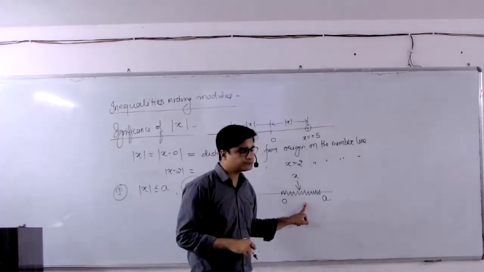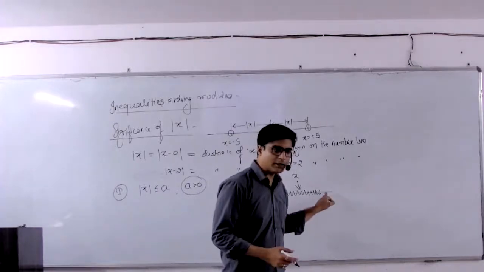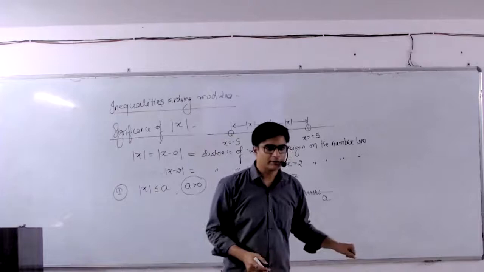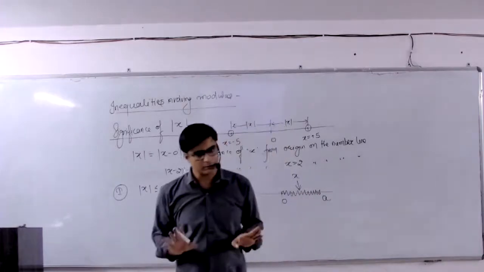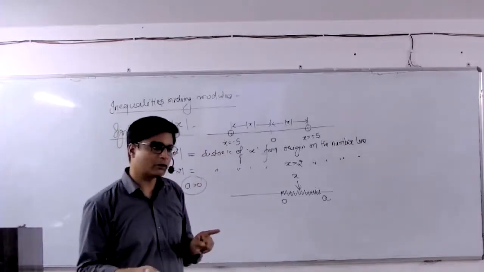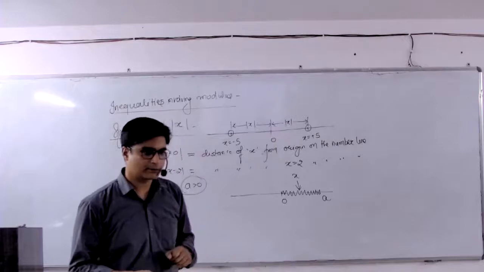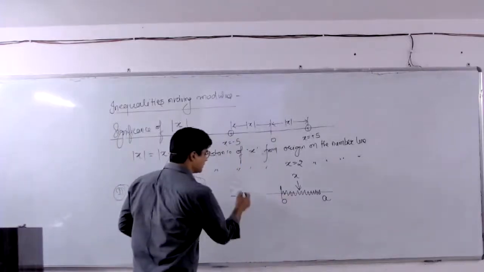You understand? Now, if I take values of x after a, then its distance from the origin will be greater than a unit, so that is not acceptable. But again, what we are talking about, distance. So if we can take the band here, then we can take the band here also.